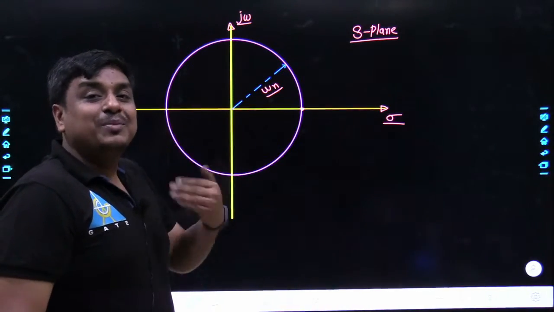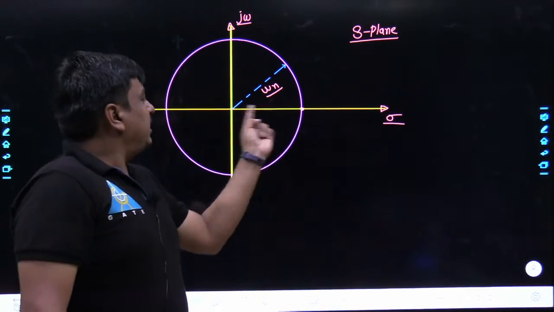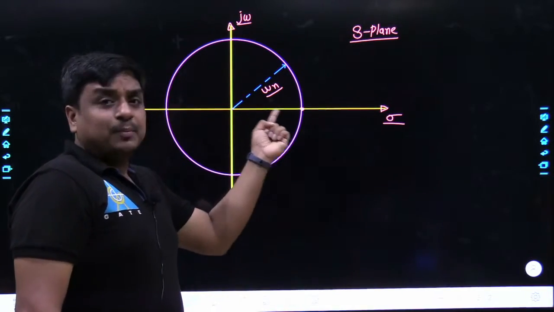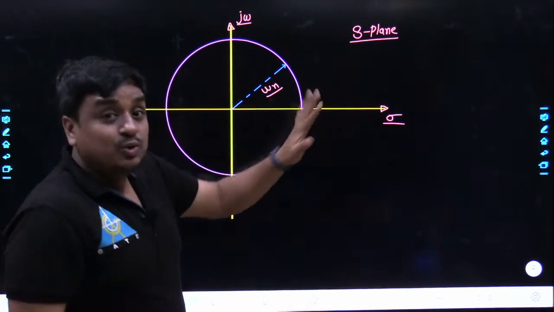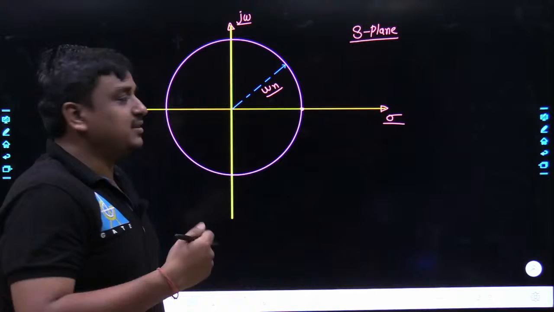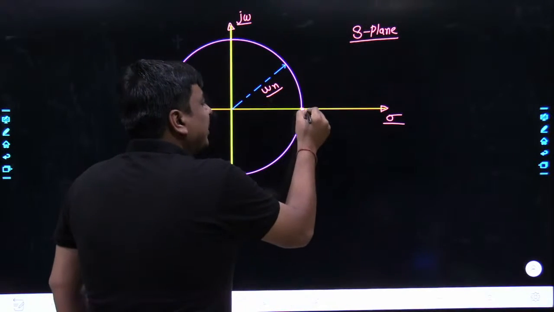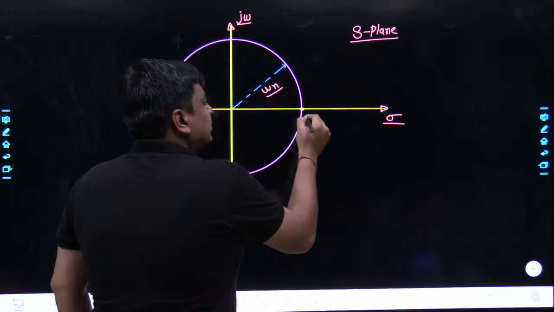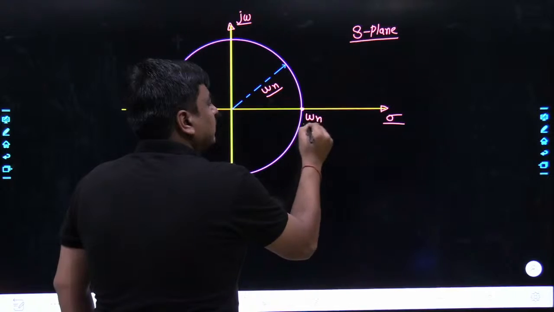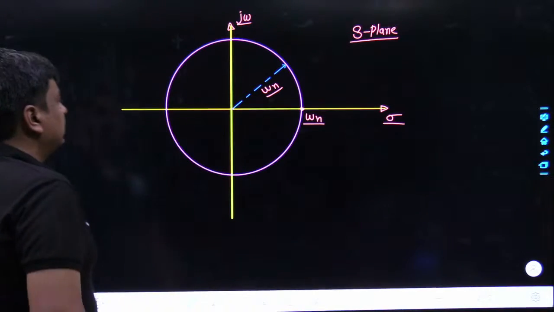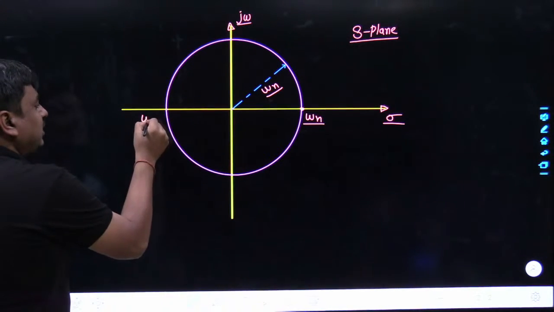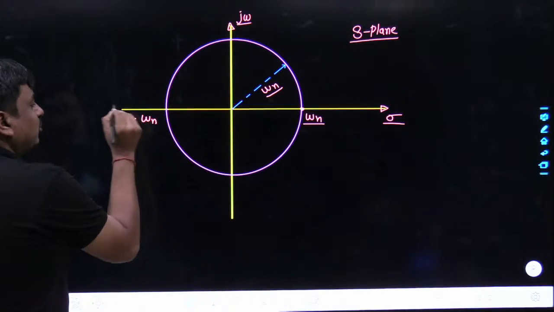That means the value of the imaginary component would become 0, and the distance from the origin is simply going to be omega n, and that too towards the right hand side of the x-axis. By default it would become omega n comma 0, or simply you can write this as omega n. Similarly, towards the left hand side you can write the location as minus omega n.